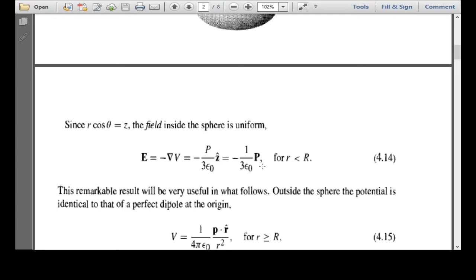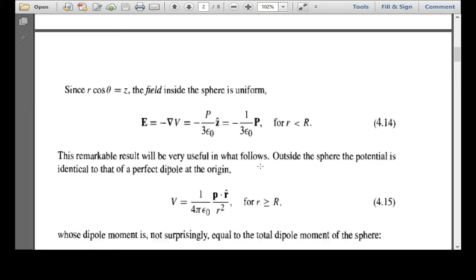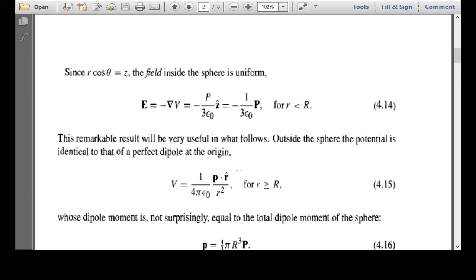Outside the sphere, the potential is identical to that of a perfect dipole at the origin. So V is equal to 1 by 4 pi epsilon 0 P dot r cap by r square.